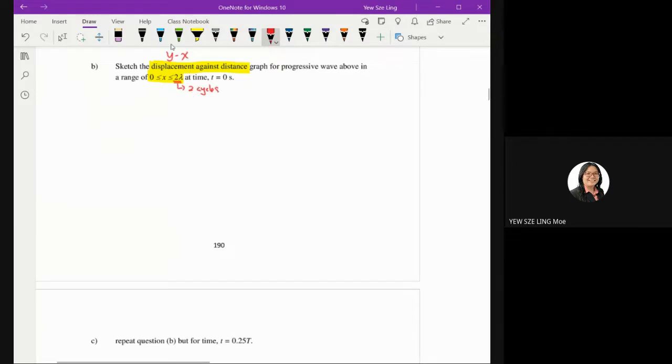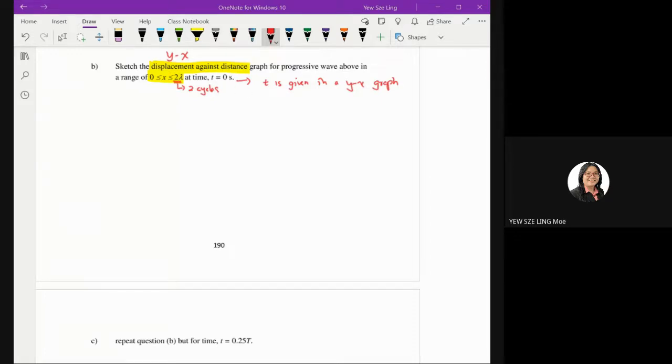So if the question asks you to sketch y against x graph, then t will be given. Okay, so t is given in a y against x graph. If the question asks you to sketch y against x graph, then you need the value of t.